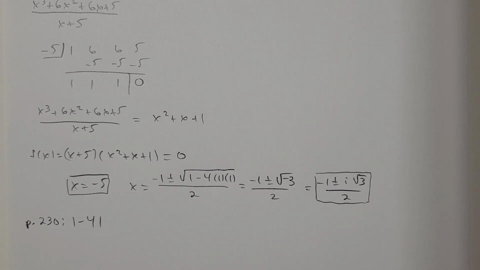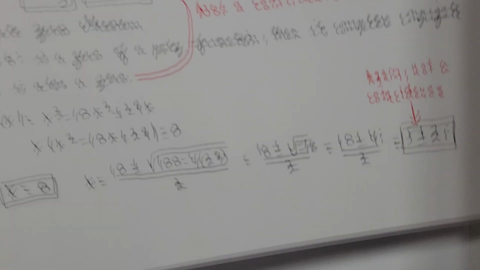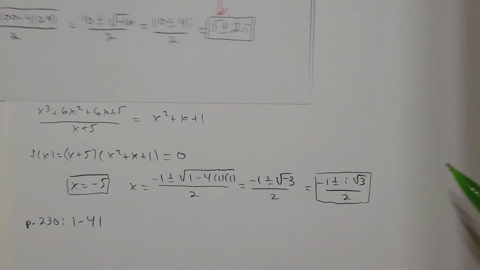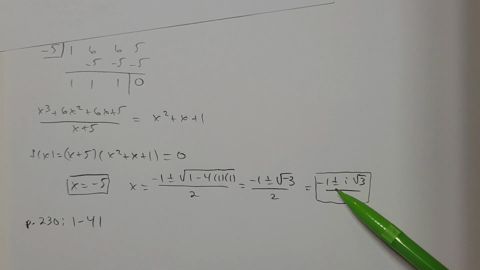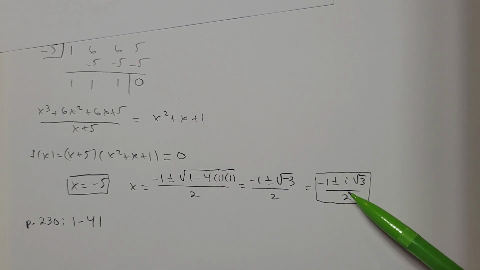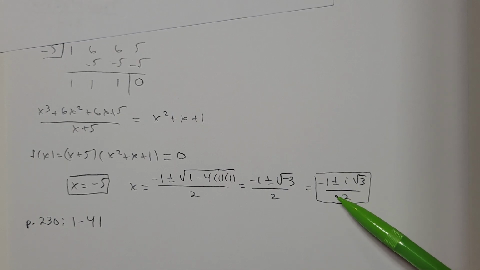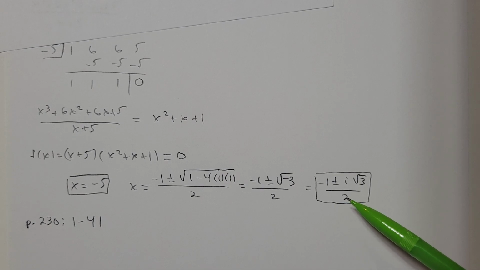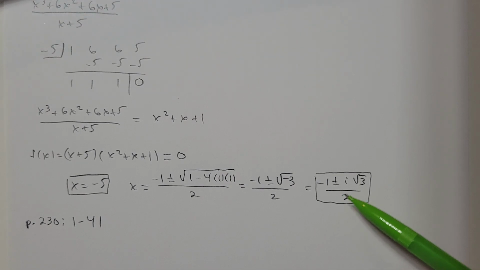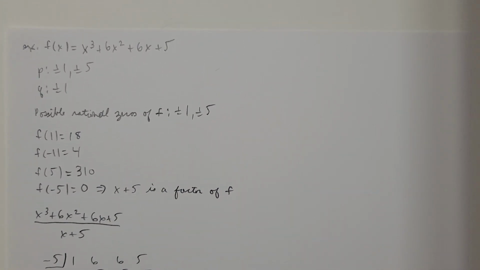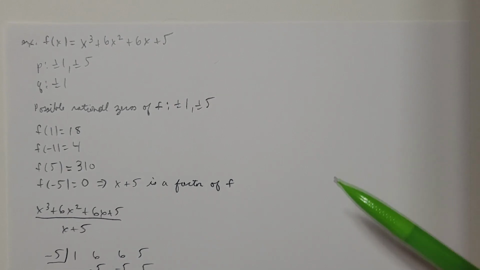And again, just to verify the conjugate zeros theorem here: -1 plus i root 3 over 2 is the conjugate of -1 minus i root 3 all over 2. So those both are going to be zeros. And now we use the conjugate zeros theorem to get that.